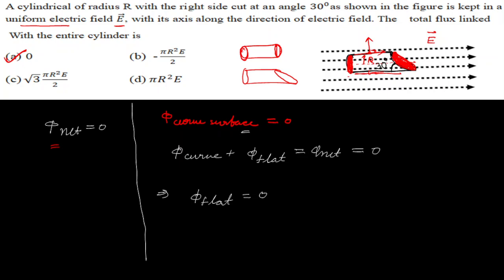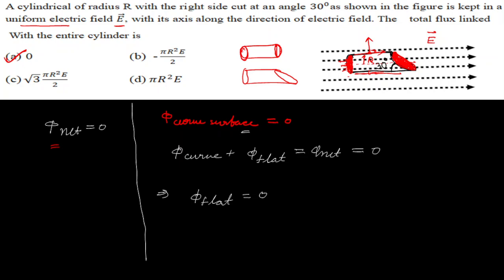So the flux through both surfaces will be the same. Without any calculation on this surface, we can say that the flux through it will be the same. Only the sign will be opposite. For the left surface, flux enters, so we take it as negative, and for the right surface flux goes out, so we take it as positive.